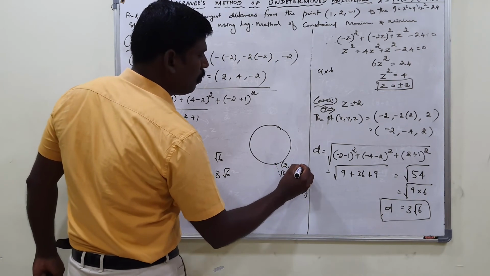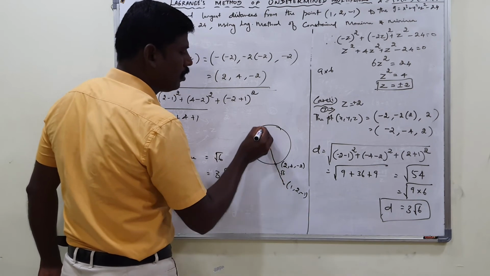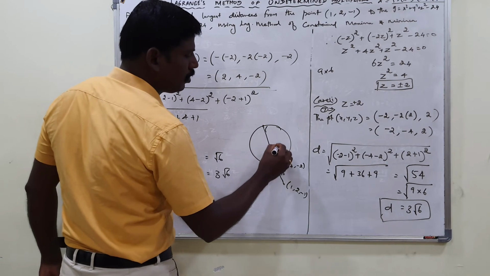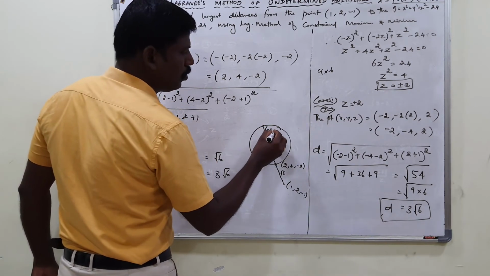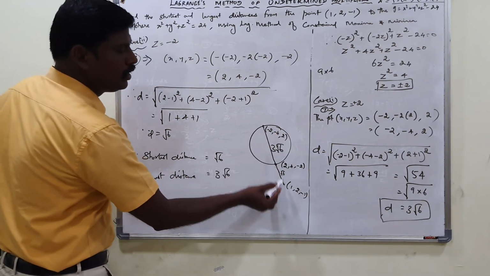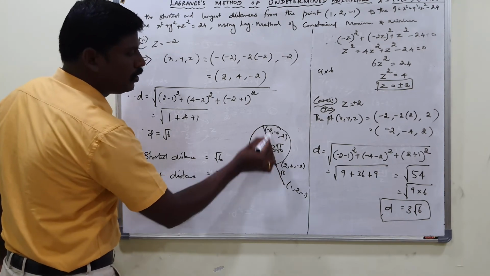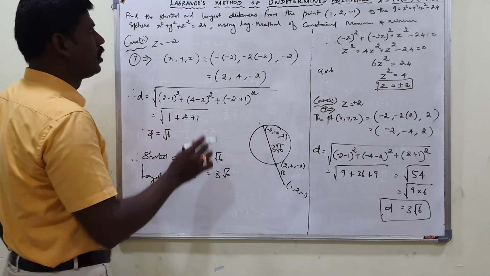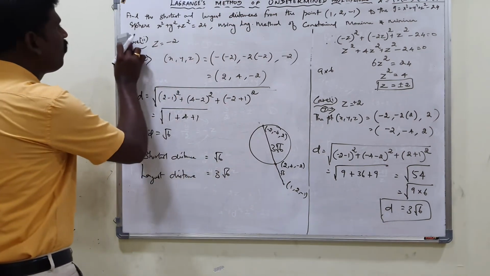And the longest distance is 3 root 6, and this point is minus 2, minus 4, 2. That's all. So we find out these 2 points, and the distance between these 2 points brings the shortest distance. Distance between these 2 points brings the longest distance. That is what we need to find out. Okay, right? We find out longest and shortest distance through Lagrange's method of multiplication. That's all.